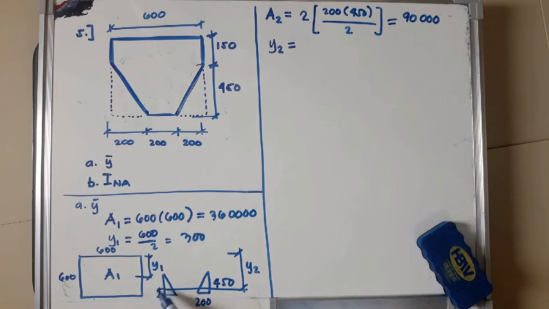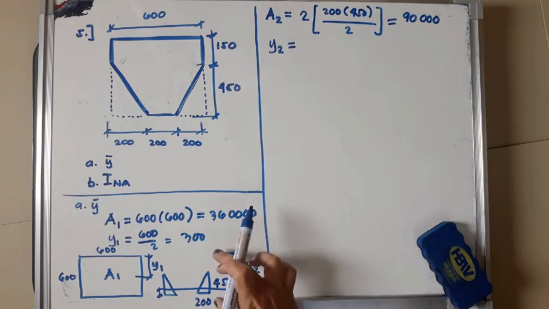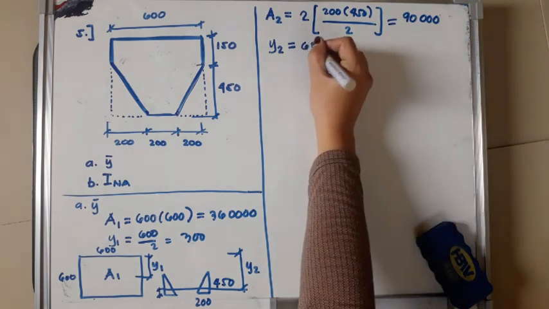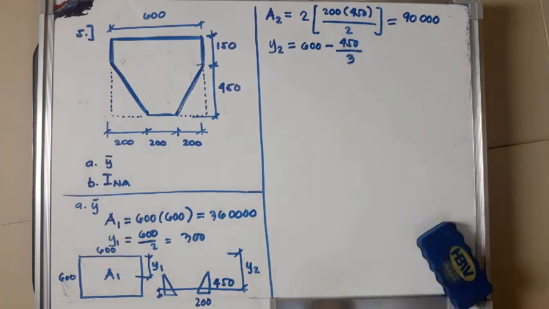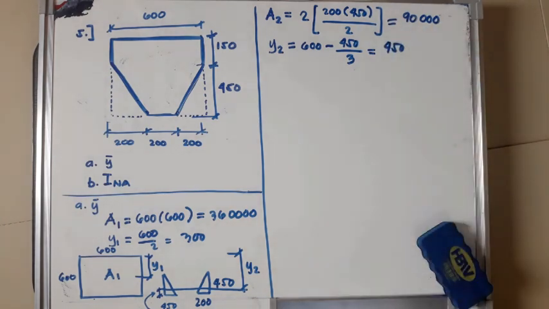This distance is 1/3 of the height of the triangle, or height of the triangle over 3. Again, y2 is the total height minus this distance. So the total height is 600 minus 450 over 3. Okay? So this short distance here is 1/3 of the height of the triangle. So 600 minus 450 over 3 is 450 mm.